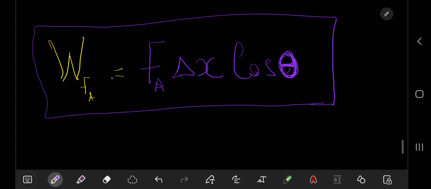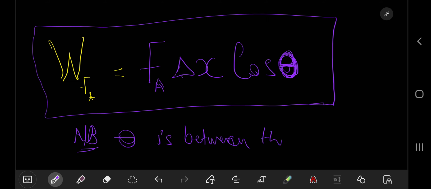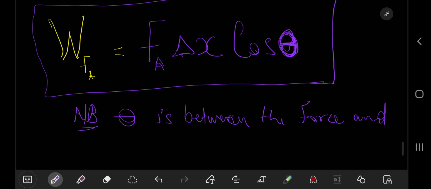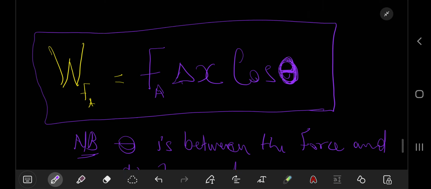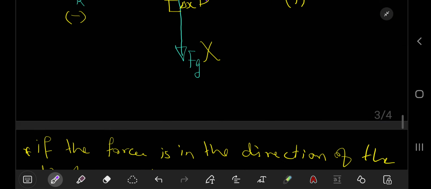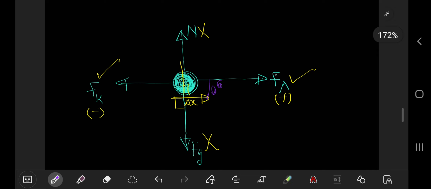So it's very important to note that theta is between the force and your displacement.